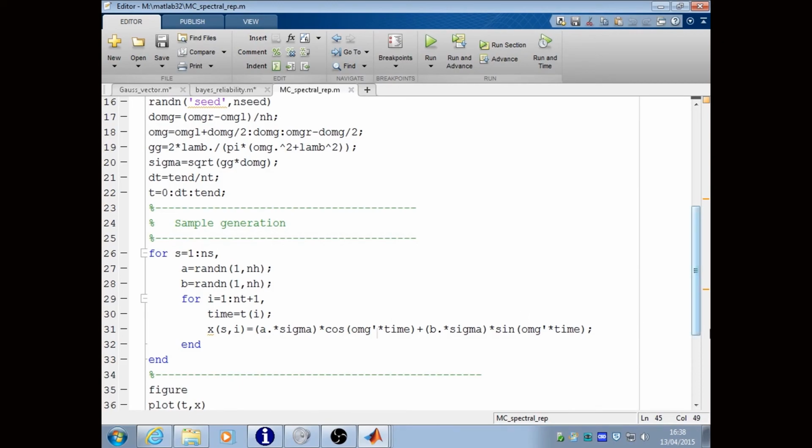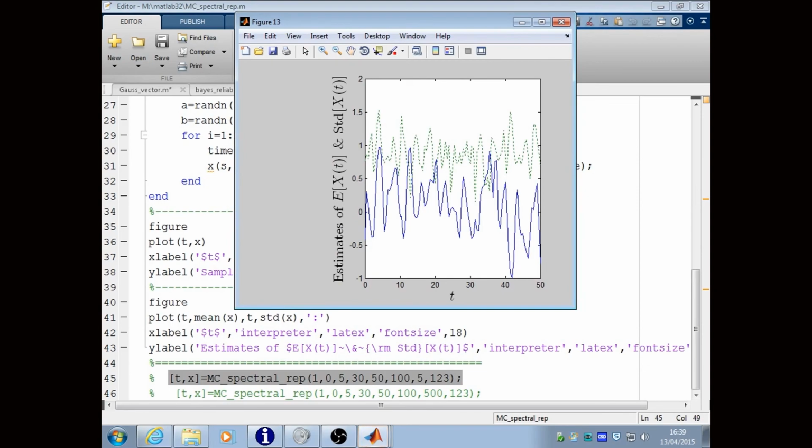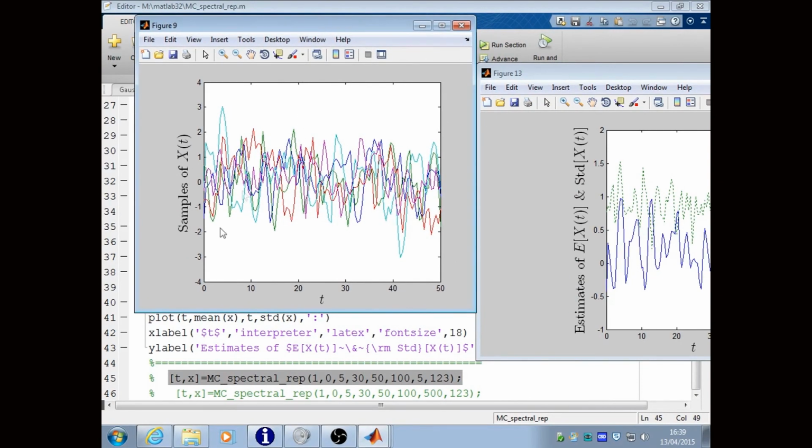Okay, so let's do a few samples. In this particular case, lambda is 1, the frequency band from 0 to 5. We put 30 harmonics. We go up to 50 time intervals and just 5 samples to see how they look. And, oh, I didn't clear the other figures. And we have two pictures here.